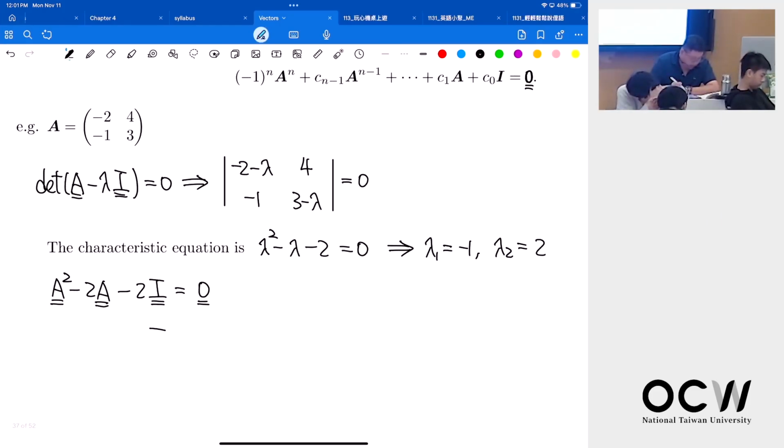So that means A squared is 2 times the identity matrix plus A.